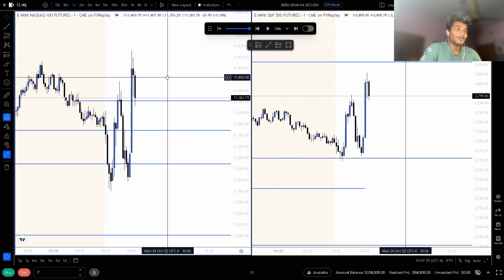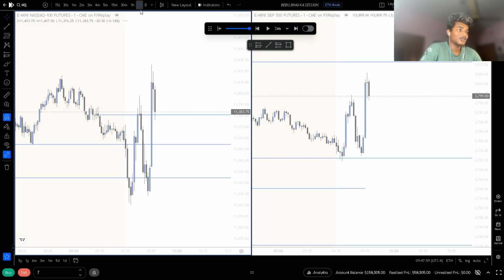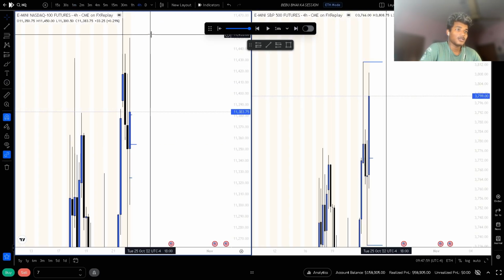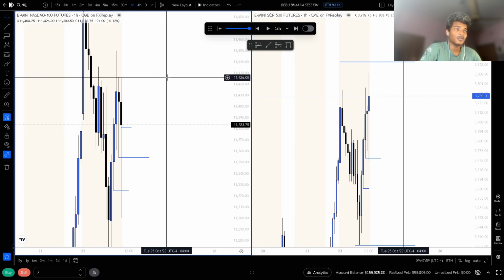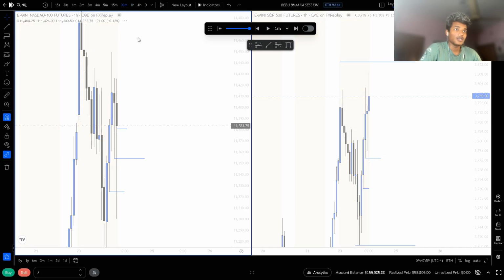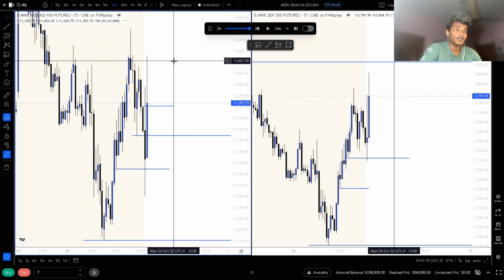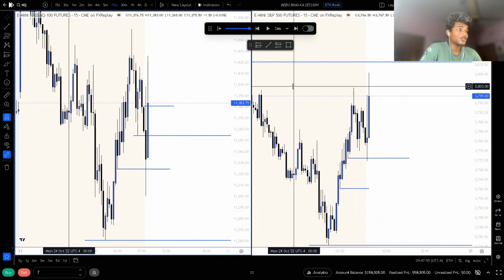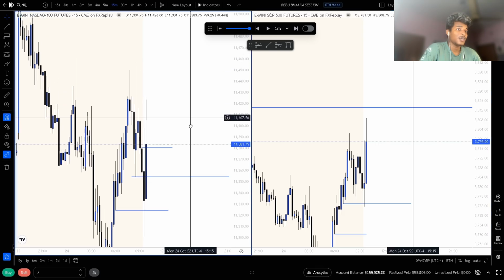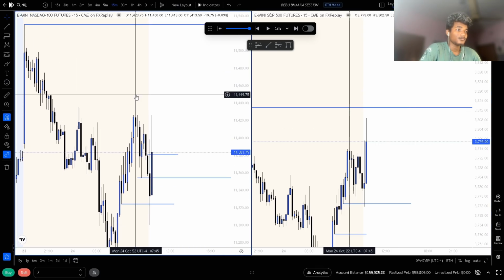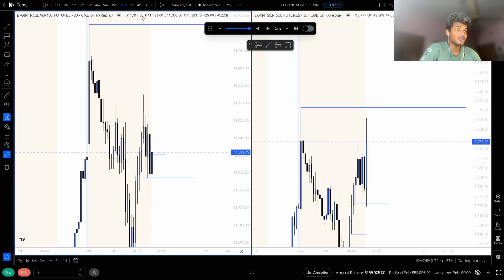So what ended up happening is that we again moved up higher, and in the 4 hour nothing, 1 hour we did not sweep anything. 30-minute we also did not sweep anything. 15-minute we also did not sweep anything, but on ES we set up this high, and in 30-minute we swept out this high on ES.